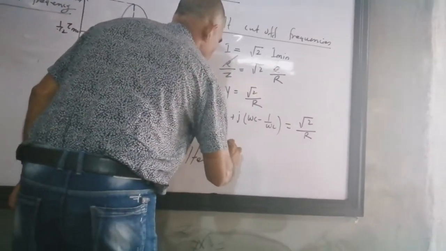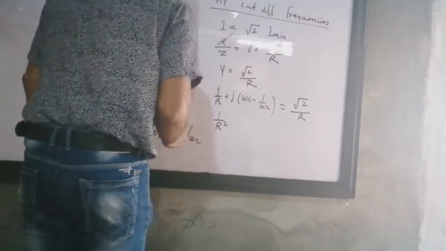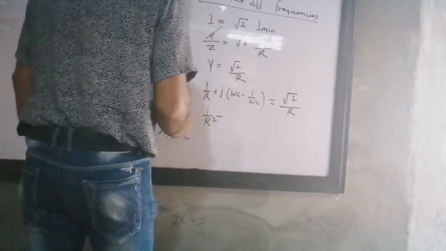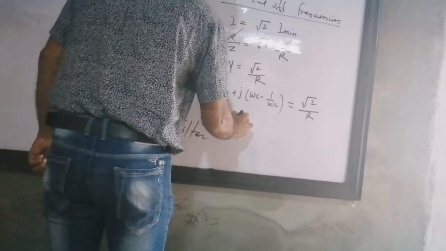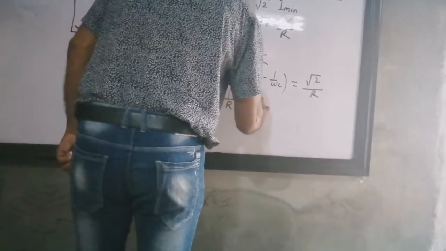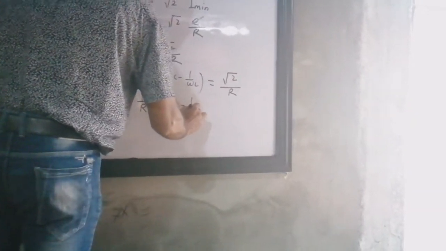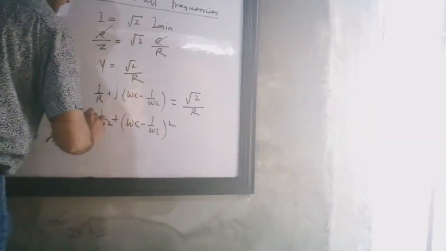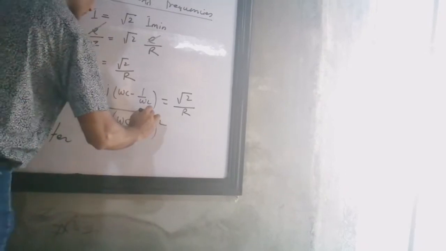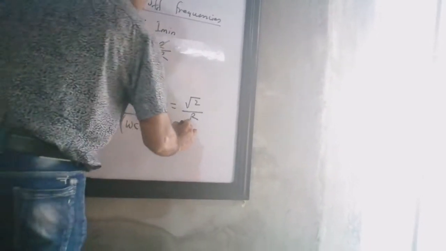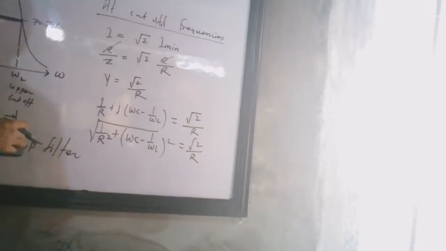This becomes the square root of 1 upon R square, plus, since j square is minus and the sign becomes plus, omega C minus 1 by omega L, the whole square, equals root 2 upon R.